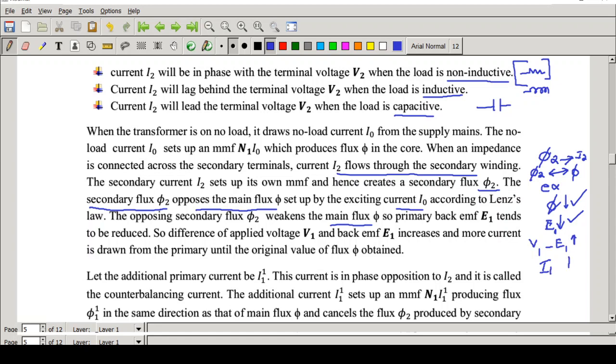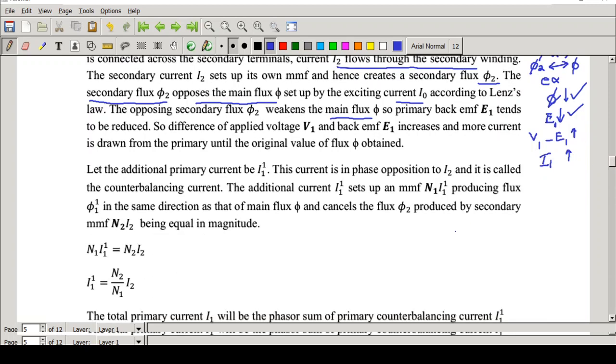So the transformer will take an additional component of current to handle the counterbalance effect of this I2. Okay, that we will see. The current taken by the transformer, I1, will not be equal to I0. It will be equal to I0 plus I1 dash. So what is this I1 dash?